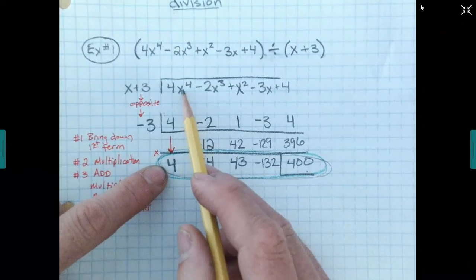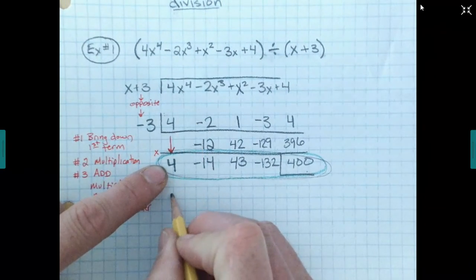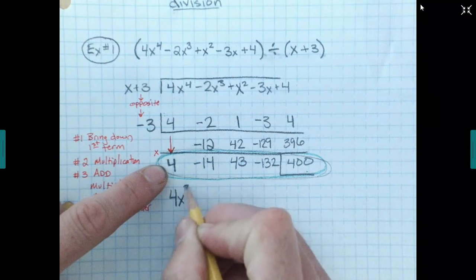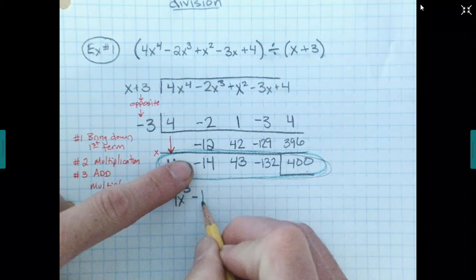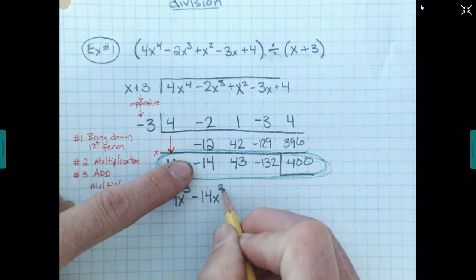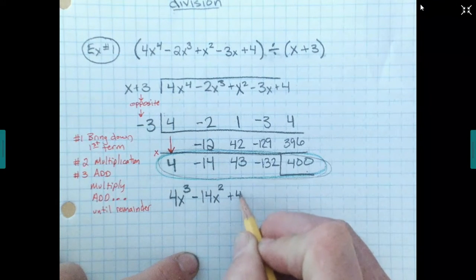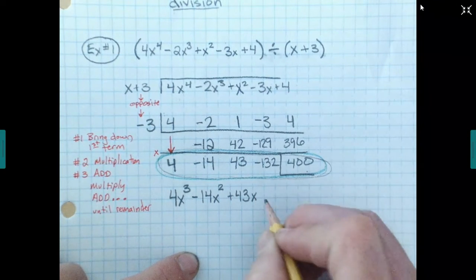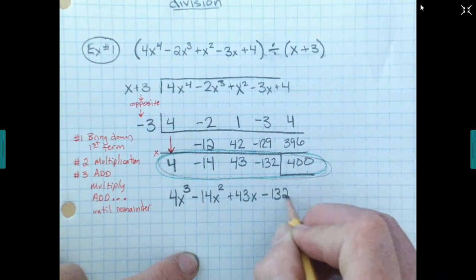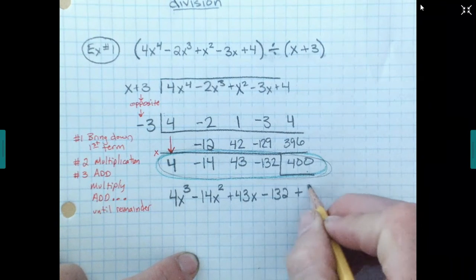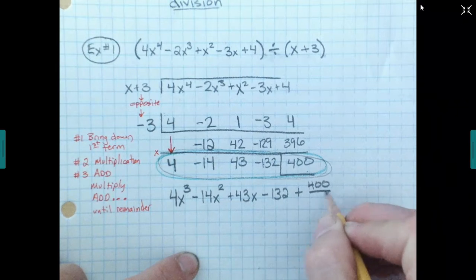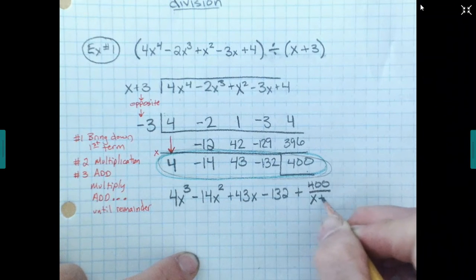This is going to be one degree less than the original. So I have my answer: 4x to the third minus 14x squared plus 43x minus 132 plus 400 over x plus 3.